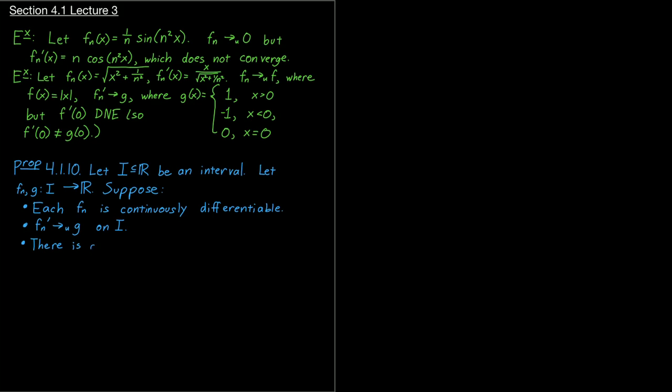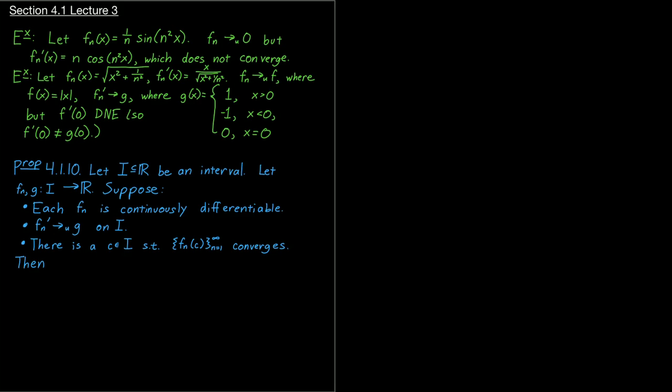But we're only going to assume that there is one point c in our interval I such that the sequence f_n of c converges. This is the sequence where you pick your point and you take the first function at c, the second function, the third function. This has to converge in the sense of section 1.3, so all the way back last semester.